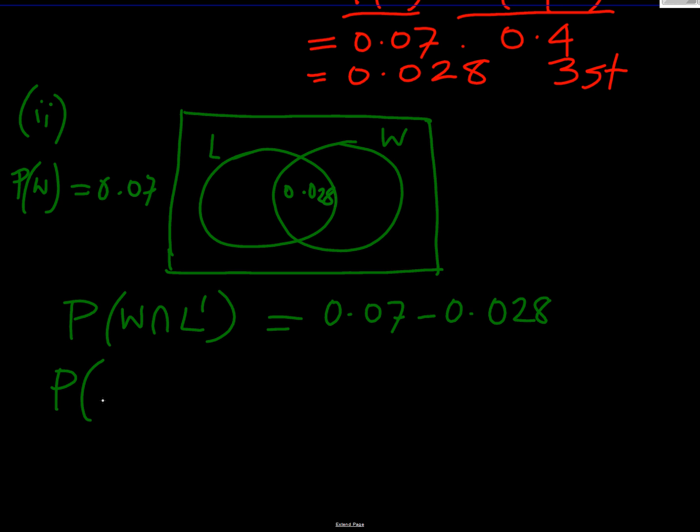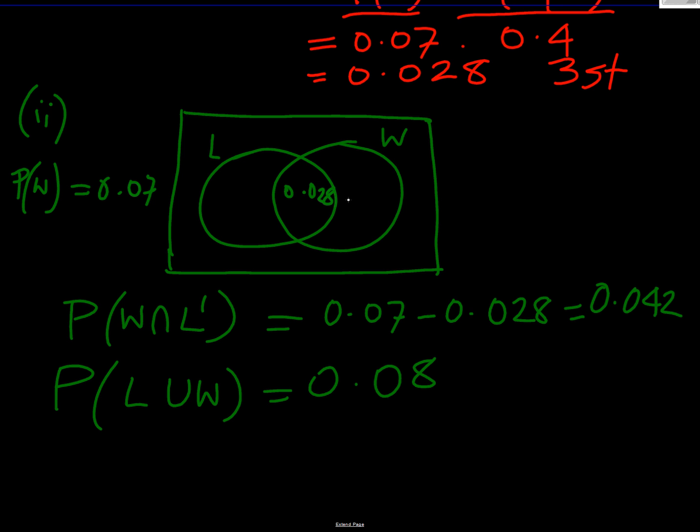They gave us the union, didn't they? Which we haven't used yet, the union of W and L. And given we just calculated the figure above, which was 0.042, we know the total is that.